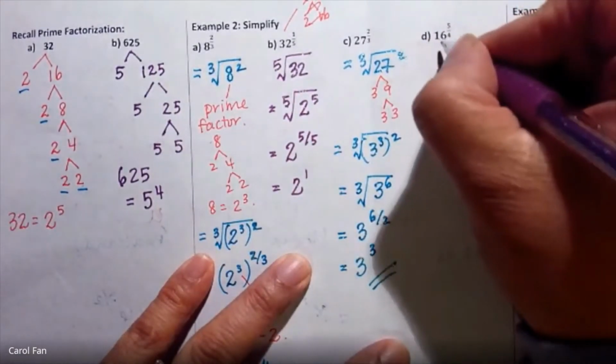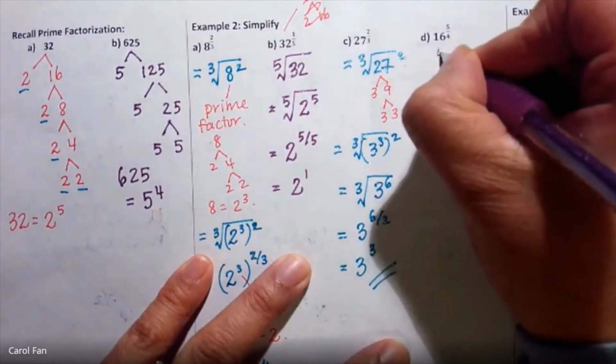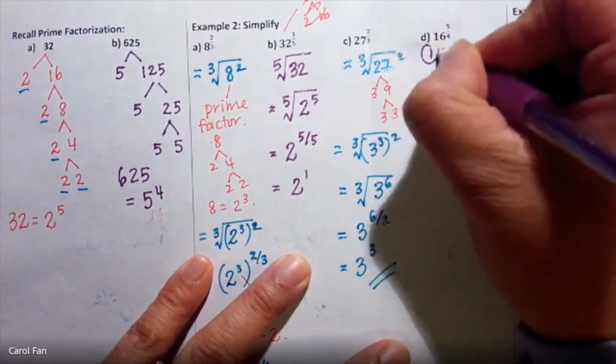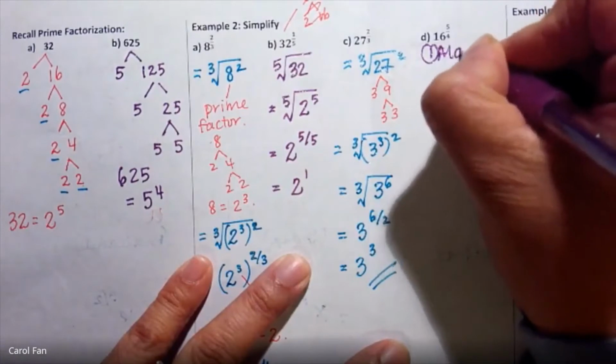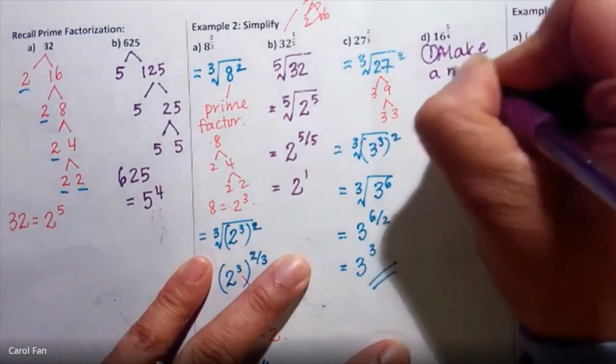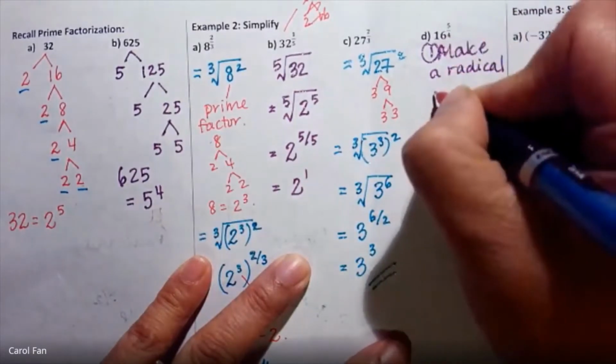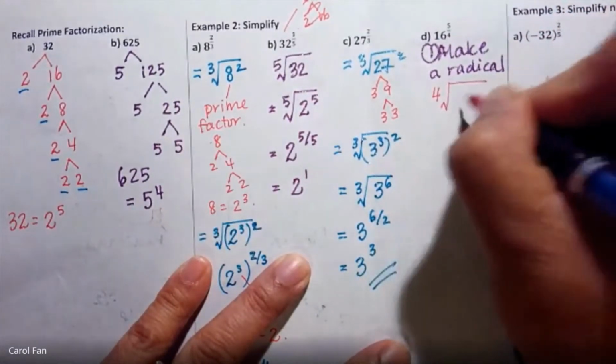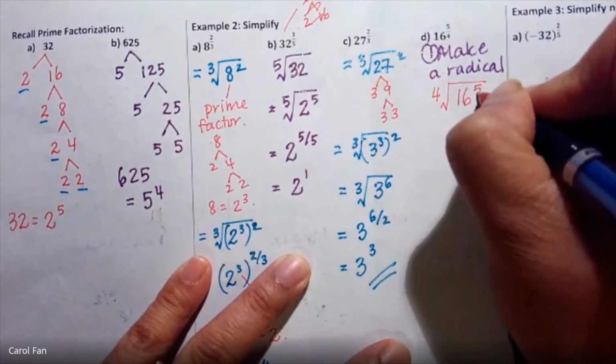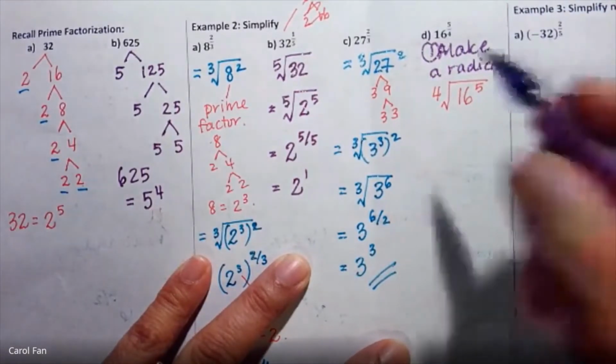First, let's make it into our radical. So I'm going to write the steps. Make a radical. So in our radical, we have the fourth root of 16 to the power 5.